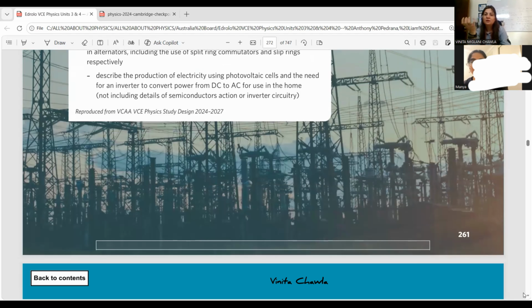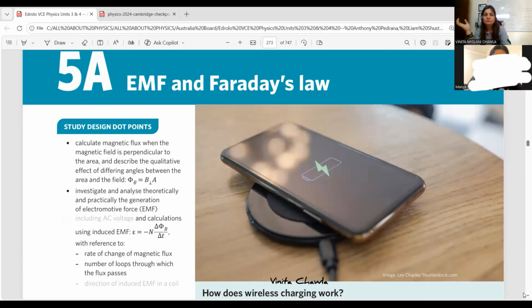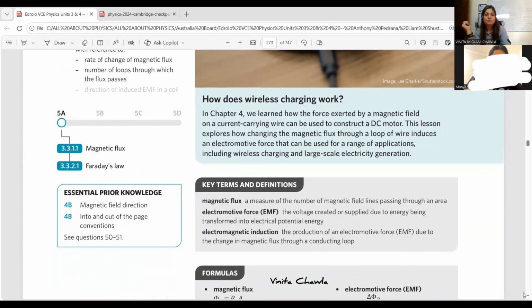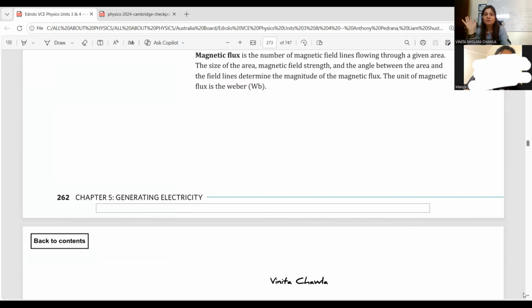It indicates that the conductor is placed vertically in the magnetic field, and the magnetic field lines are crossing the conductor perpendicularly. This we have discussed already. Magnetic flux we've done from the slides, right?